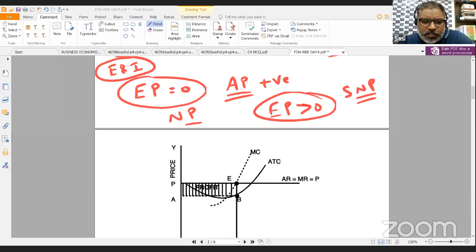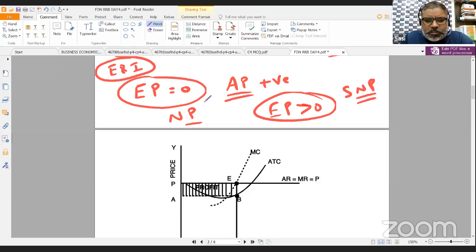In case a firm is able to cover its explicit costs, implicit costs also, and earn anything above explicit and implicit costs, that is called economic profits positive.